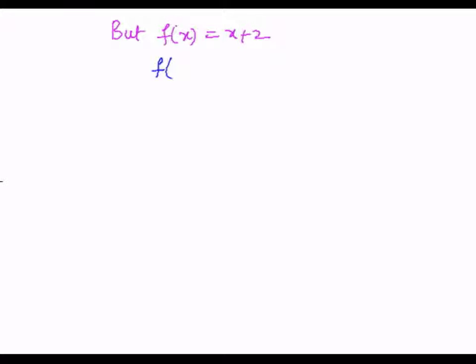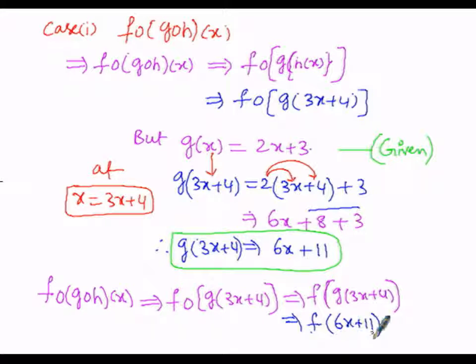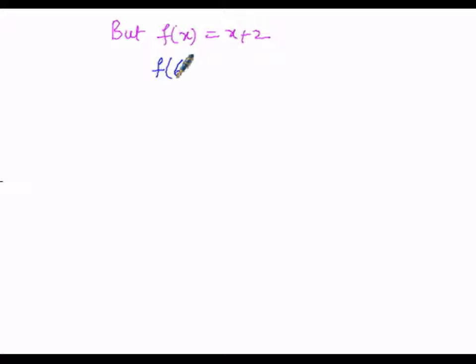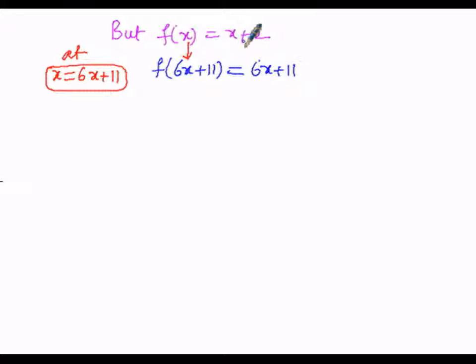So as per the previous step we have to find f of 6x plus 11. So in f of 6x plus 11, instead of this x, we have to replace it by 6x plus 11. So x must be replaced by 6x plus 11 in this logical step. So here 6x plus 11, plus 2 written as it is.